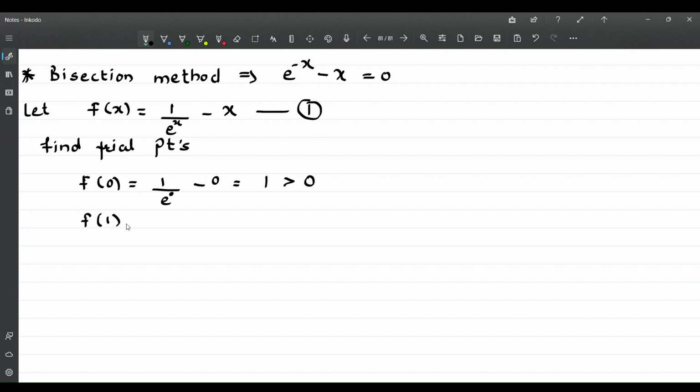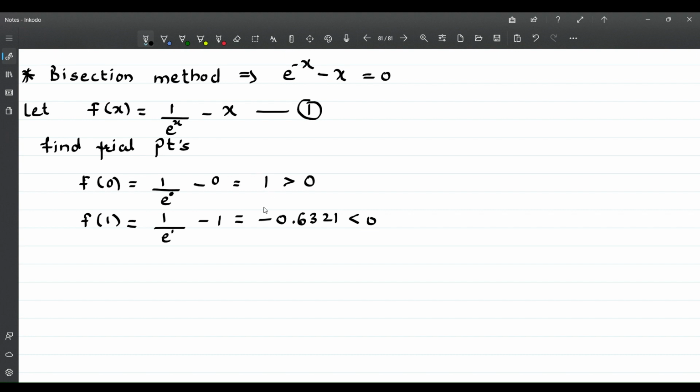F of 1 is equal to 1 divided by e raised to 1 minus 1. You can see there is a button for the exponential function on the calculator. So 1 upon e is 0.3679, minus 1, so the answer will be minus 0.6321, which is less than 0.